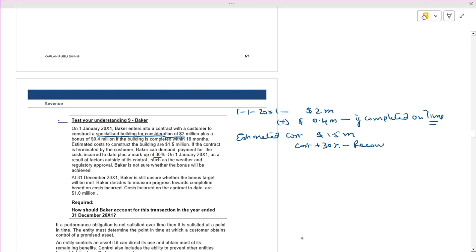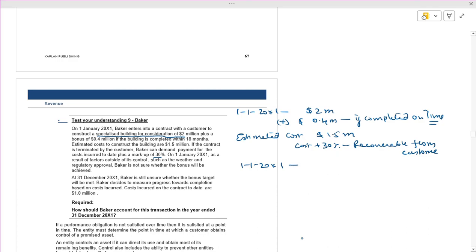It is recoverable from the customer. On January 1st, 2001, as a result of factors outside its control such as weather and regulatory approval, Baker is not sure whether the bonus will be achieved.